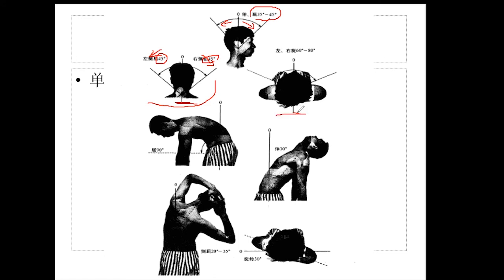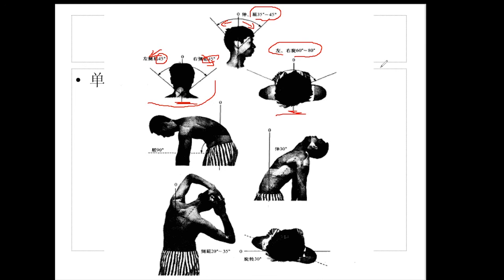The second picture means you turn your neck to the left side and right side. That's 60 to 80 degrees. So that's turning the head. That's the head area.